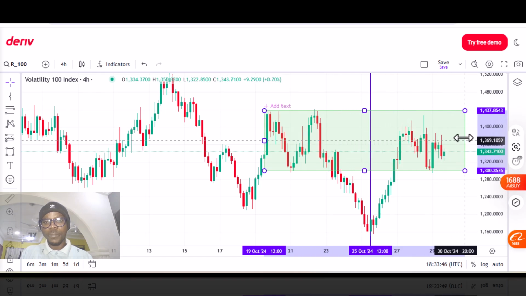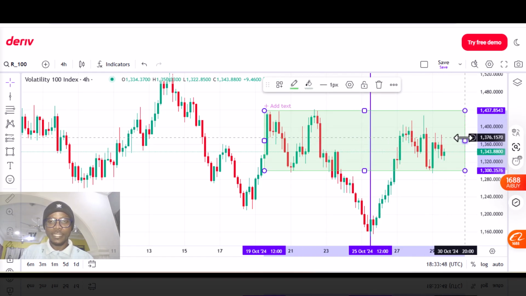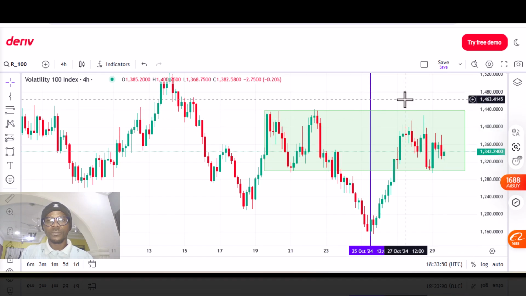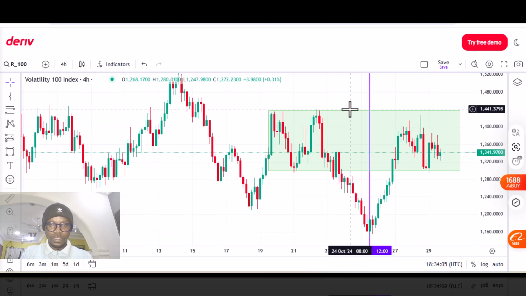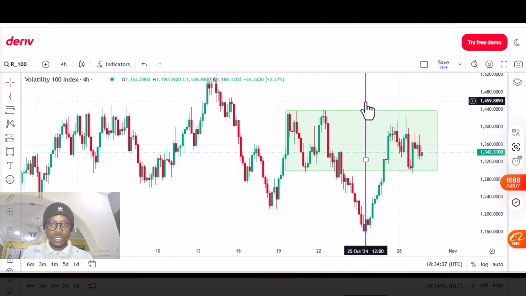So let me extend the consolidation to the right side. So first of all, we have this consolidation. After this consolidation, what do we see? Now we have to have two stages, and the two stages will be the distribution stage. Okay.